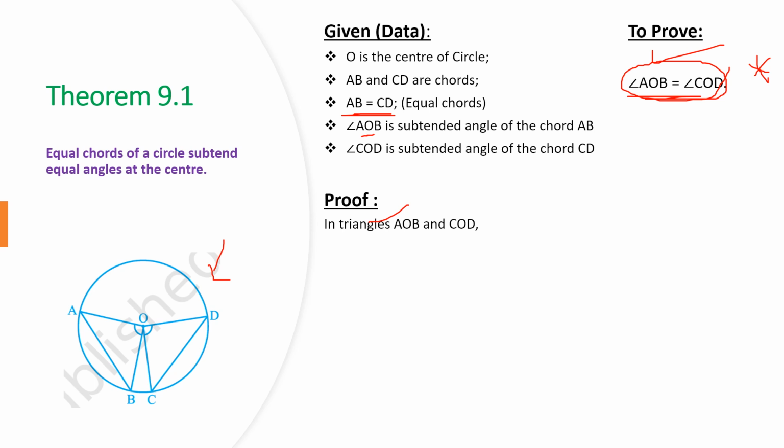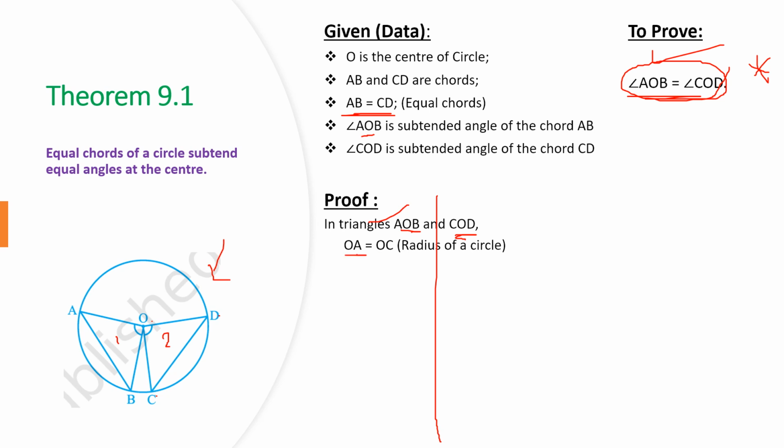I joined A, B, C and D to the center. This makes triangle 1 and triangle 2. Let's consider the triangles separately. Triangle AOB is the left one, triangle COD is the right one.